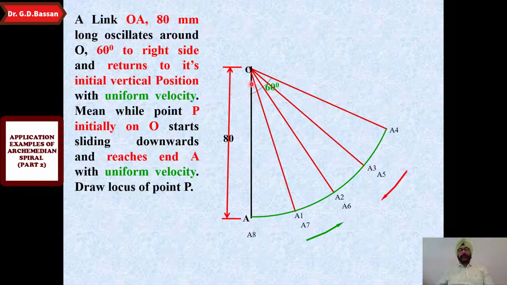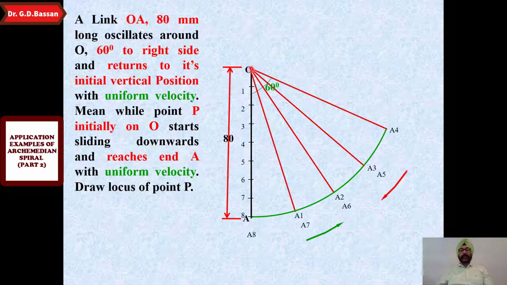As it starts from O and ends at A, give the numbering from O, and the end point should be the A point. So here 1 will be at the topmost position and 8 will be at the downward position. Now the method remains the same as we discussed in the previous videos.